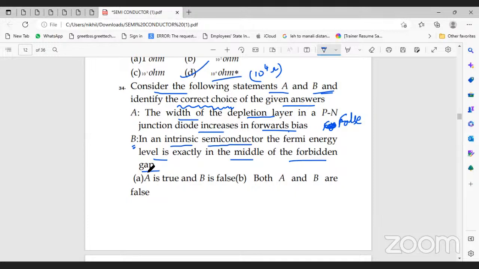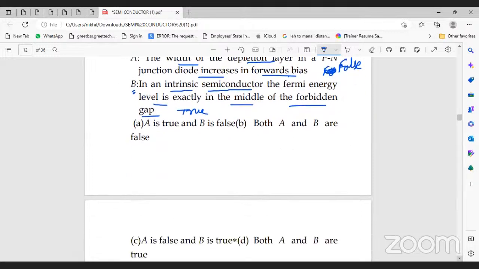Correct, because it is intrinsic and pure, so it lies exactly in the middle. If it is doped, the Fermi energy level may shift slightly upward towards the conduction band or downward towards the valence band. So A is false, B is true. So option C is the right answer.